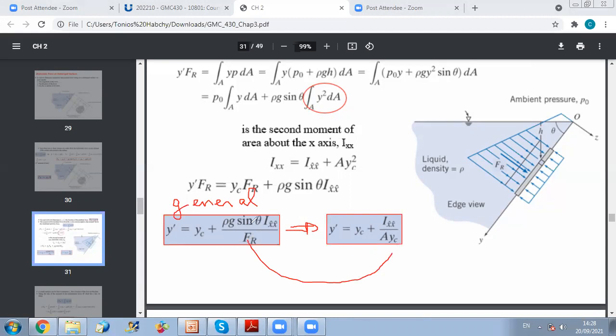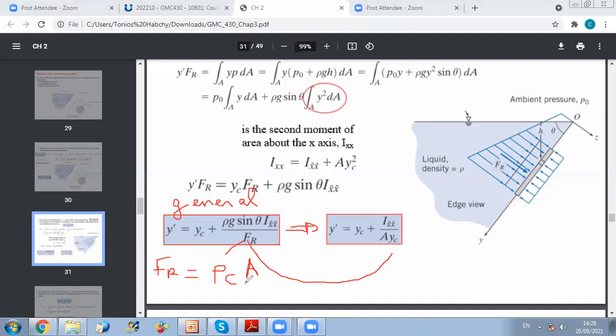To be able to go from this relation to this one, you should replace FR. What is the general expression of FR? FR is the pressure at the centroid times the area of the surface.